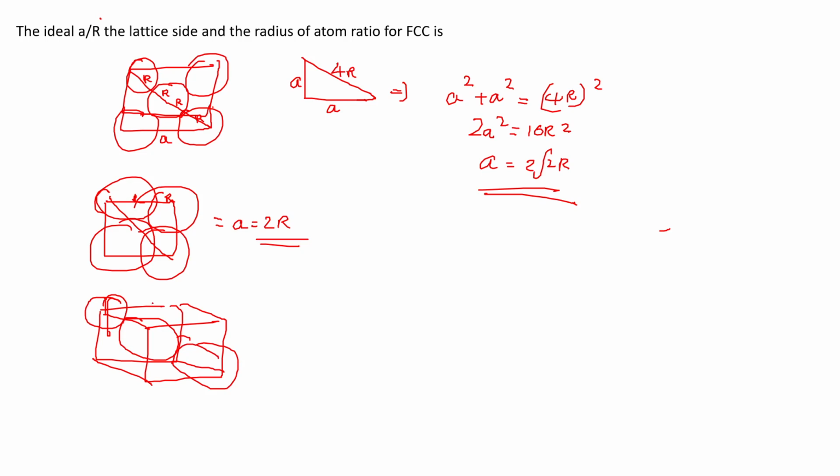My drawing is not that good. So R is passing through the diagonal of the crystal. So how can you make a triangle? It is like this.